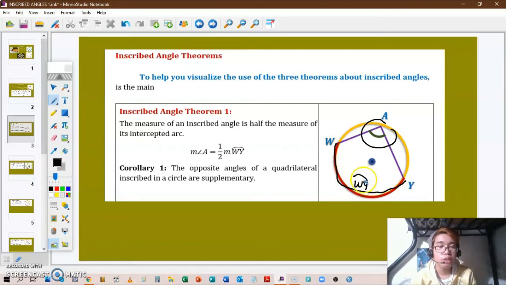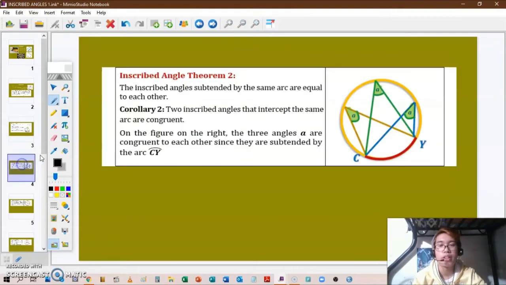So the measurement of angle A, by inscribed angle theorem 1, is 1/2 the measurement of arc WY. The first corollary: the opposite angles of a quadrilateral inscribed in a circle are supplementary. Later we will discuss this and see more examples.